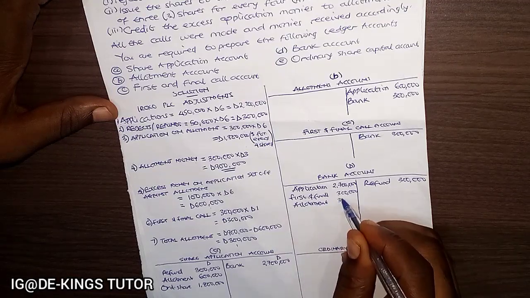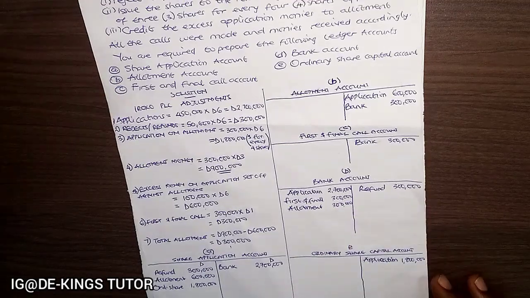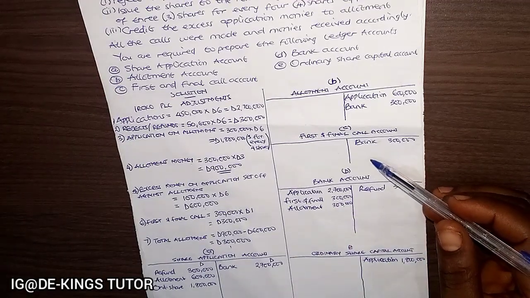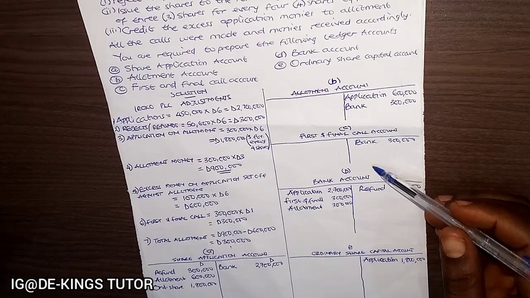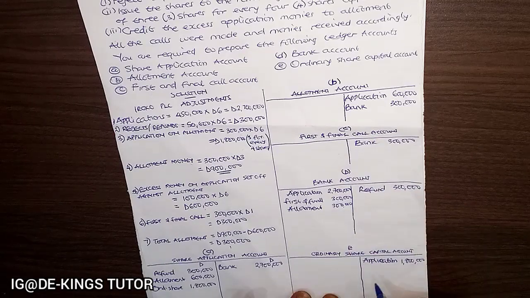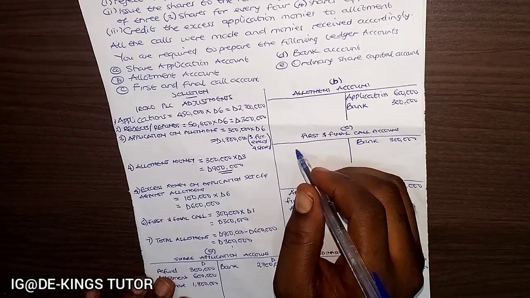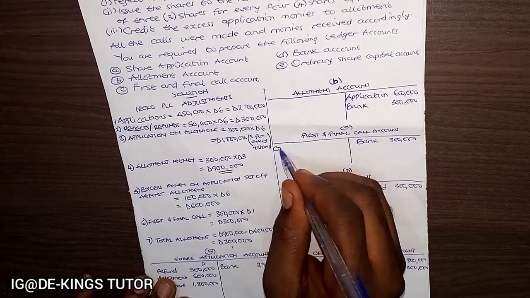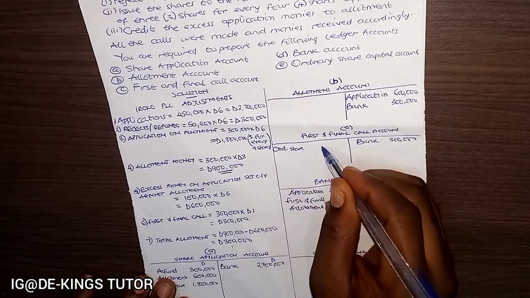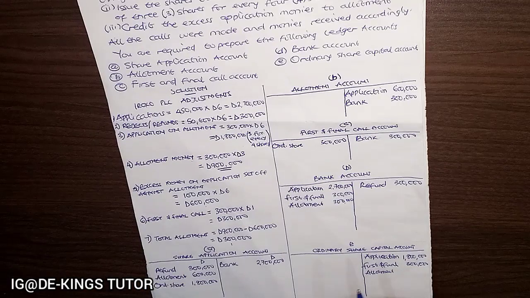Allotment 300,000. So after they paid for the first and final call, they have to allot shares for the first and final call. So the allotment of shares will be first and final 300,000. So it comes to the first and final call. The corresponding entry is ordinary share 300,000.